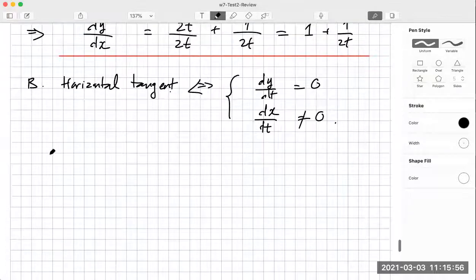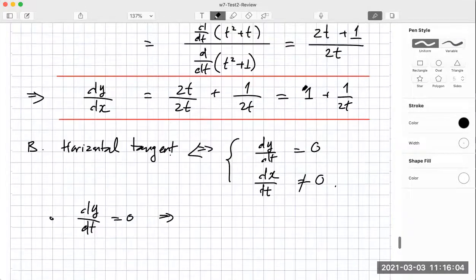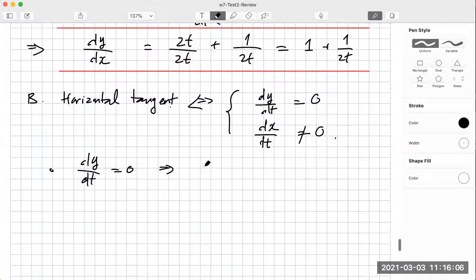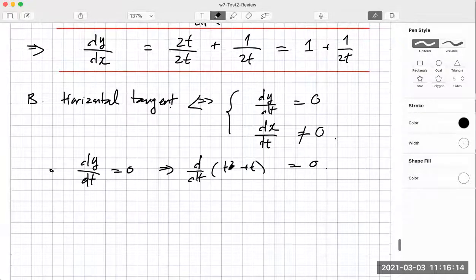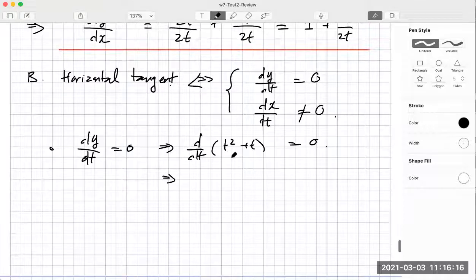Now if dy over dt is equal to 0, it means the derivative of t squared plus t is equal to 0, or 2t plus 1 is equal to 0.